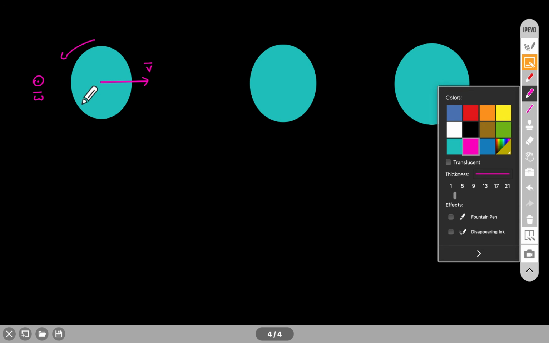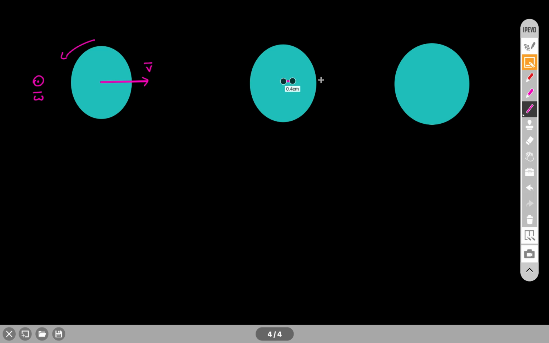So it's doing two things: translating due to the linear velocity and also spinning with some angular velocity. After some time, it reaches this point, and then it just keeps going. So that's the velocity, and it continues to spin.